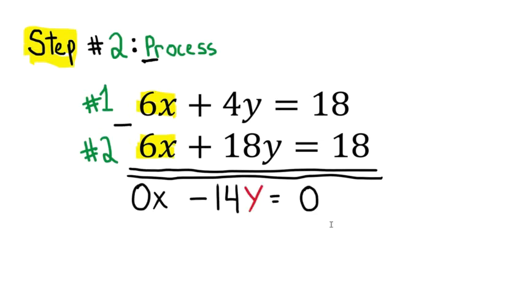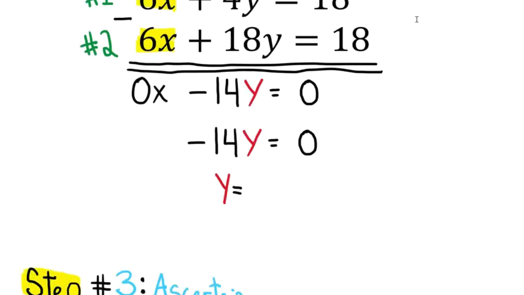When both equations are subtracted, we have 0x, 6 minus 6 is 0, 4 minus 18 is negative 14y, that's the variable, and 18 minus 18 gives us 0. As our x variable has now been eliminated, we can have negative 14y equal to 0.